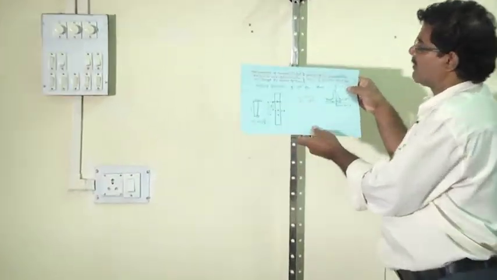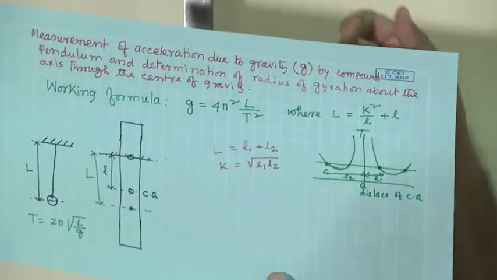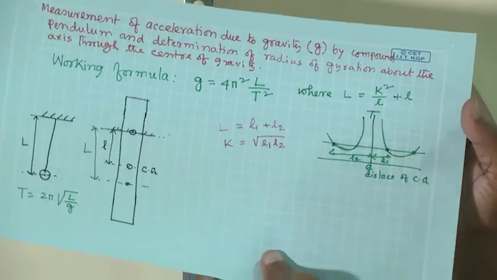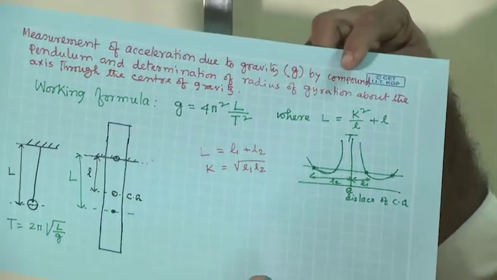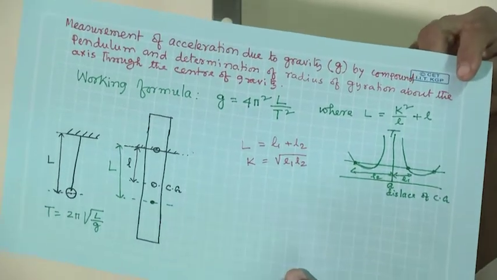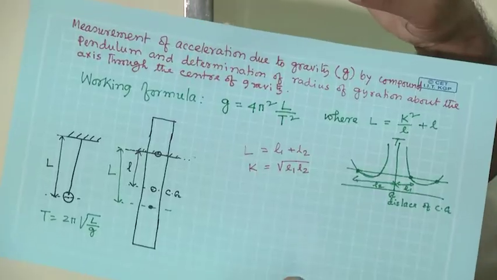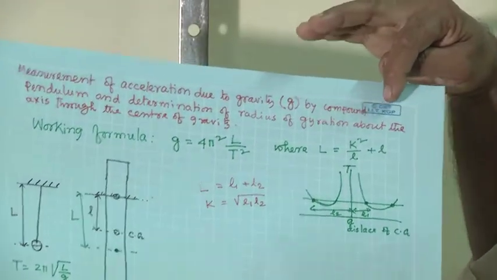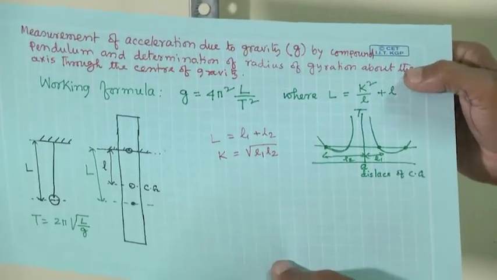For this experiment we will find the acceleration due to gravity, g, by the compound pendulum, and determine the radius of gyration about the axis passing through the center of gravity.